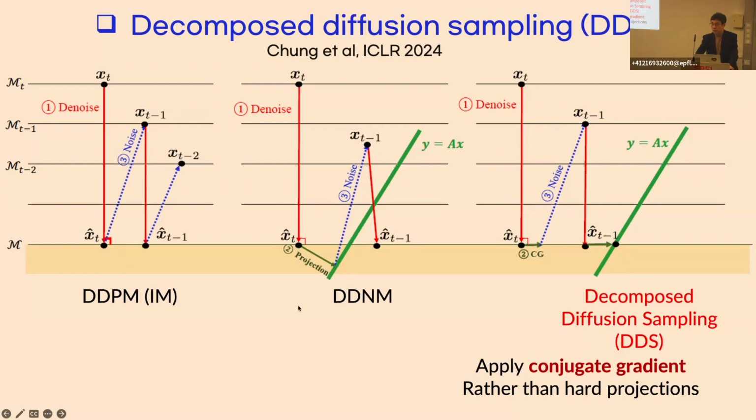But if you do a projection to this data consistent set, there's no guarantee that the projection still lies in the correct manifold. Off-manifold phenomena can happen.